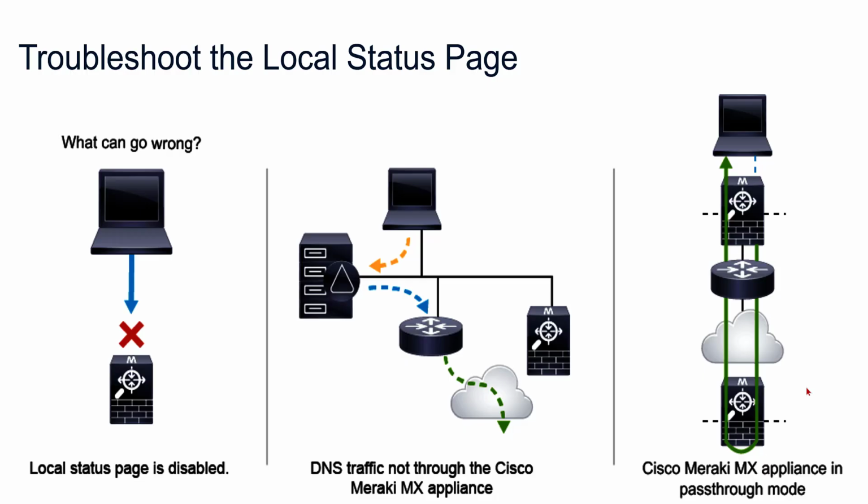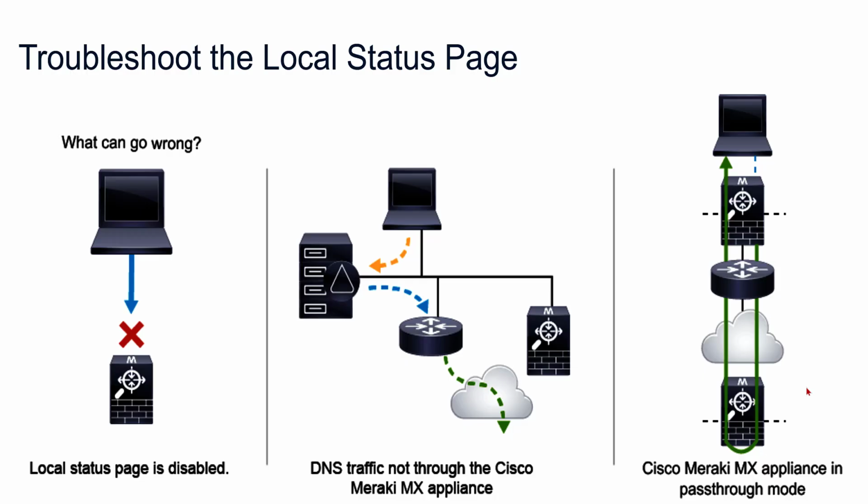Maybe that DNS server uses a different default gateway, or we're simply bypassing the MX completely. We need to make sure that the DNS traffic flows through the MX. Or we're going to create some sort of manual DNS A record that points to the device's IP. If that packet never hits the MX, it can't help you.